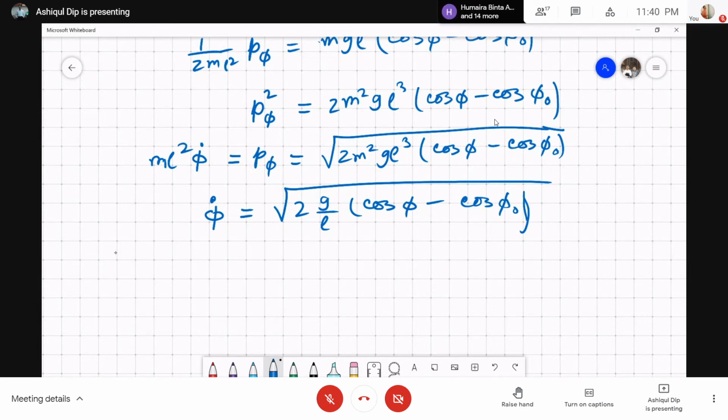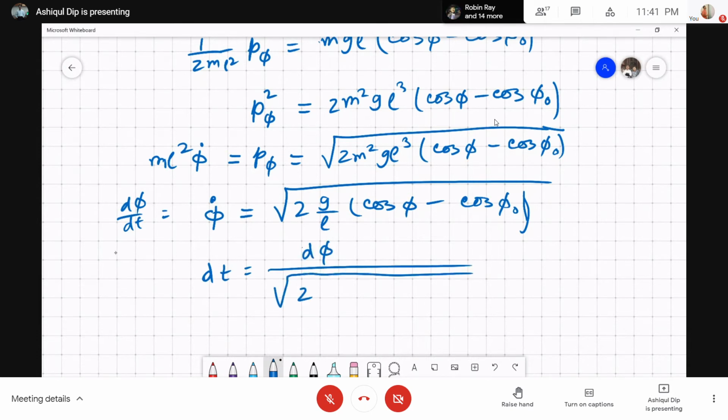Okay, so now finally d phi over dt equals this thing. I could write it here, d phi over dt. So dt equals d phi divided by this whole thing, the square root of 2g by l times cosine phi minus cosine phi naught. And then if you integrate this thing, you have an integral constant c.